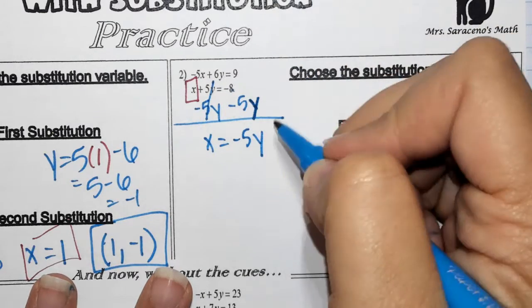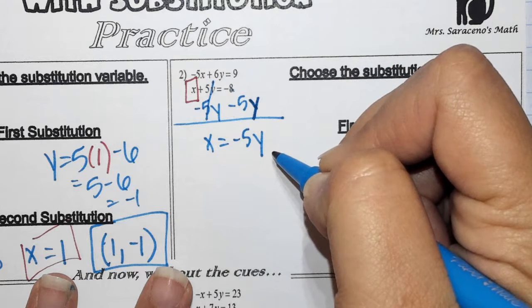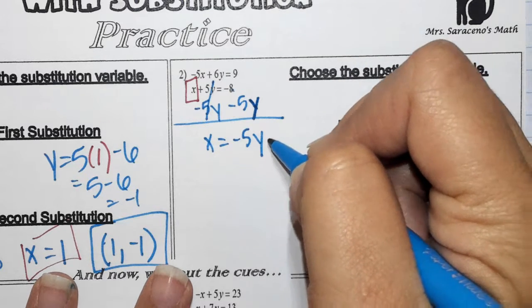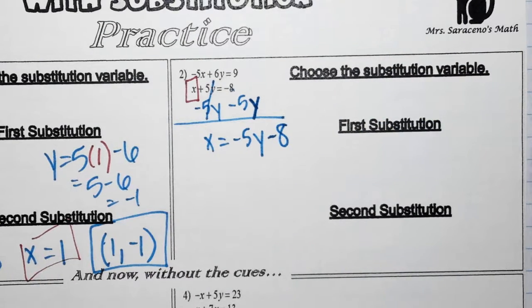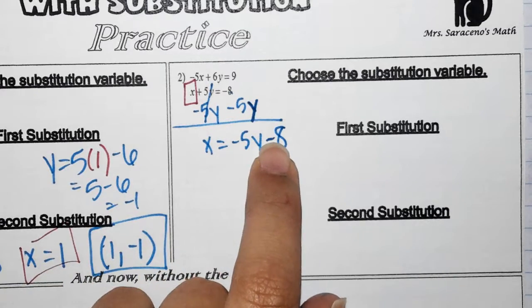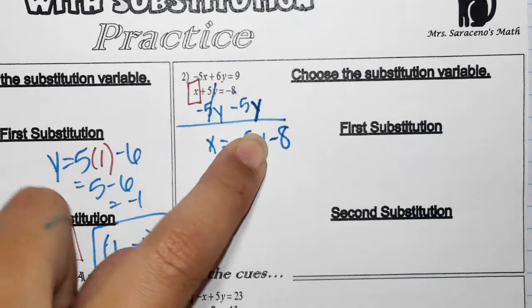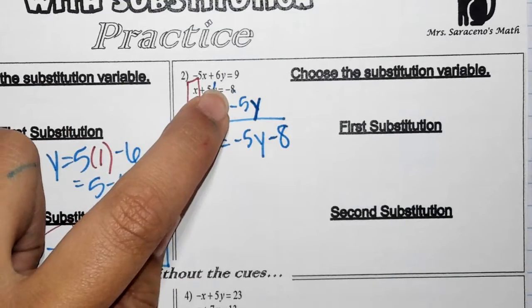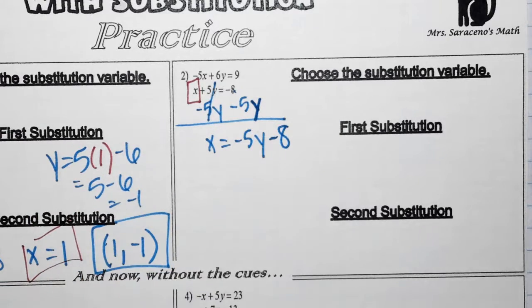Minus 8. Because you're subtracting it. It is a negative 8 right here, and that's why we write the minus. That's a great question. So because it's negative here, we write minus 8. Alexis, you get a point.